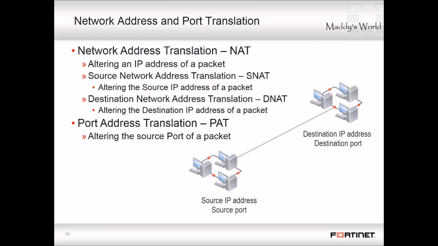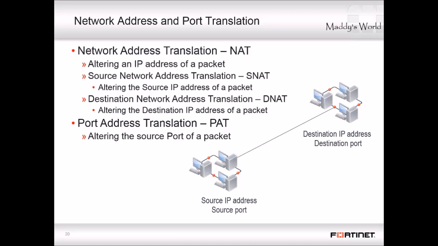What is network address and port translation? When you send packets around the network, depending on the protocol, they have four pieces of information that determine the source and the destination. These are the source and destination IP addresses and the source and destination ports. The act of translation is when you change some of this information. Network address translation, or NAT, is when you change one of the IPs.